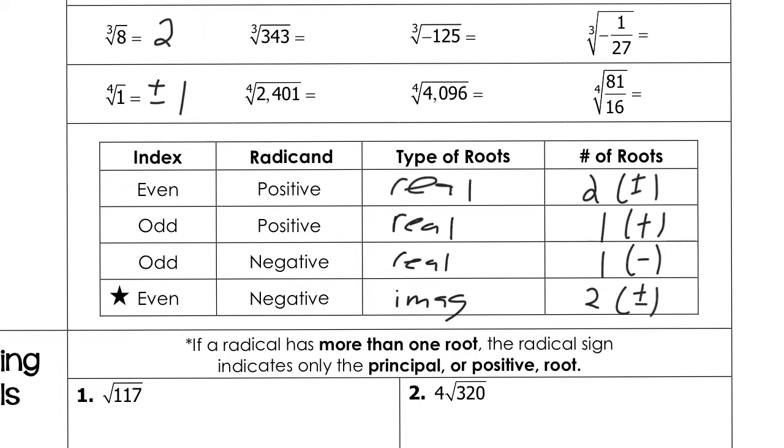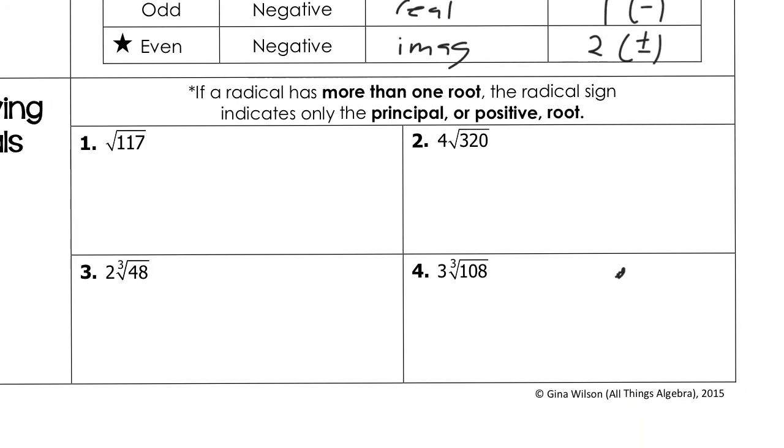Okay, I want to work one example of these for y'all. You guys know how to simplify square roots, but if we have any index, the key here is when we break these down, we're looking for sets of 3 when the index is 3, instead of pairs as when the index is 2. So if we break 48 down, we would get that it could be 8 times 6, and 8 is 2 times 2 times 2, and 6 is 2 times 3.